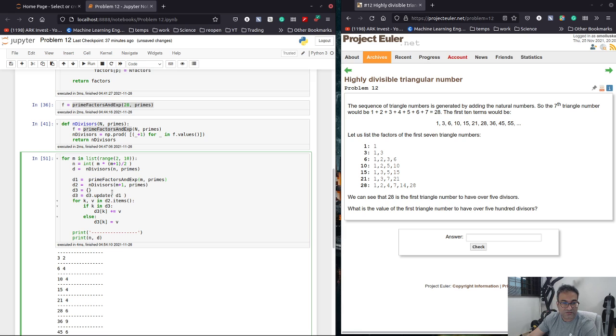I want the prime factors and exponents, and then once I have the factors and exponents, I should be able to find, okay, I want the prime factors and exponents of this, and I want to make sure that this f, and let's call these prime factors and exponents, are the same.